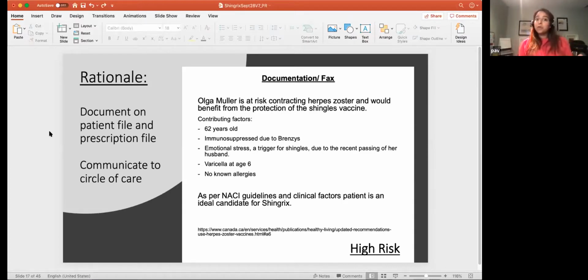She'd definitely be someone that we'd want to have this purchased and administered in the pharmacy, but we really need to make sure we document this. It's not just the fact that we've had this verbal conversation with her, and everyone's system is a little bit different.